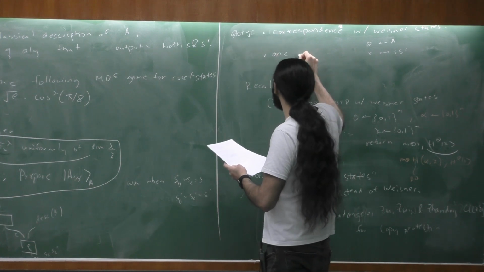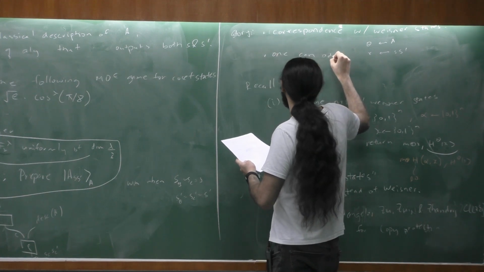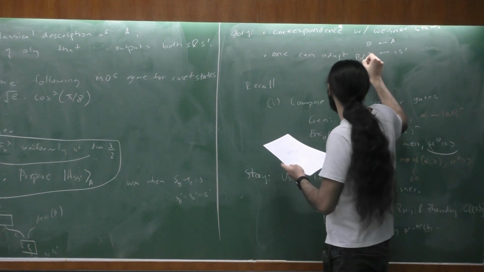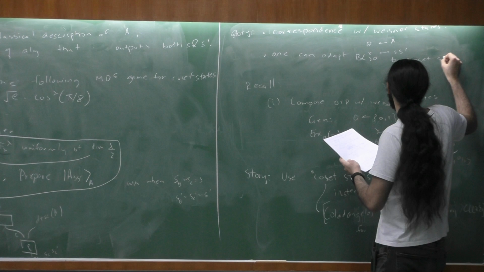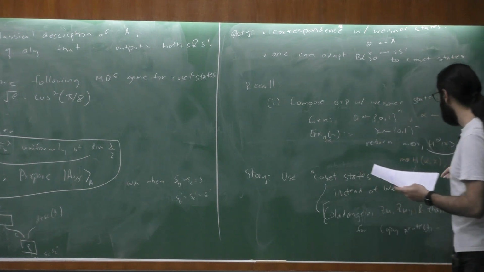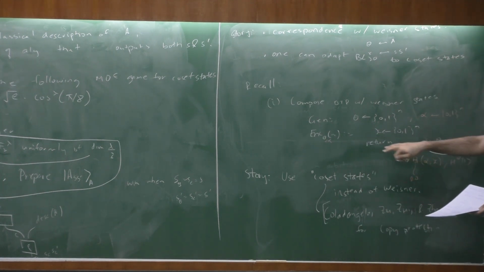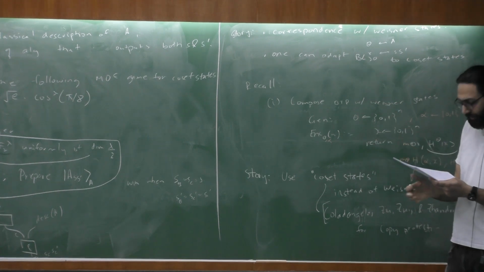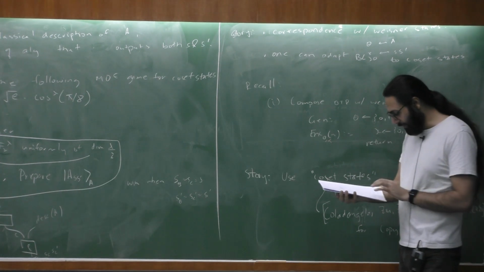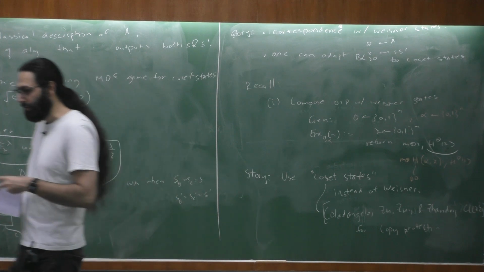One can adapt the construction of BL20 to coset states. Whatever we did here using theta and X, we can do using A and S, S prime. So that should be fine. But it's not clear why this helps.